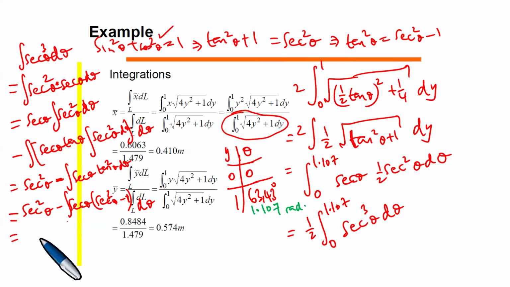Just squeezing in the basic computations here. Therefore, this one is exactly sec theta tan theta minus the integral of sec cubed theta d theta minus the integral of d theta.